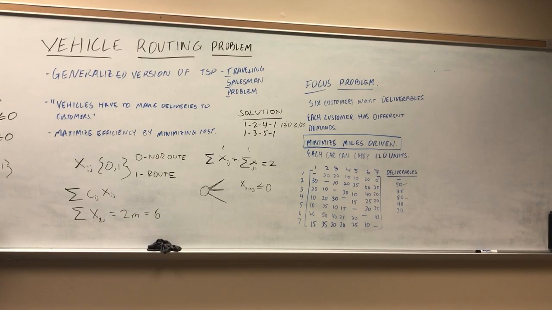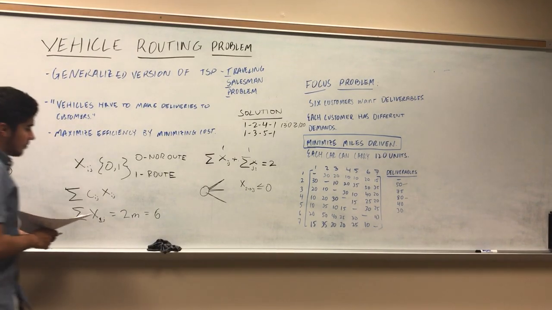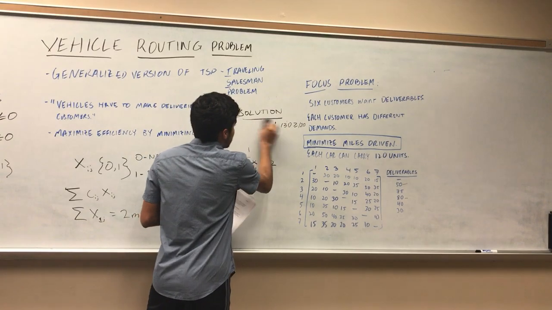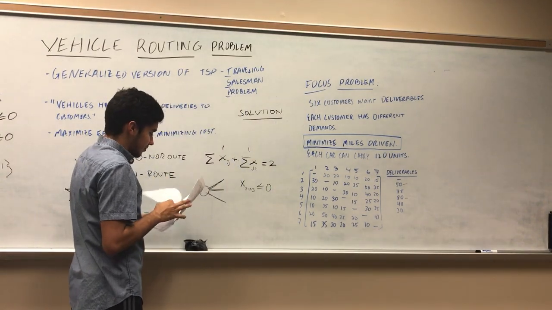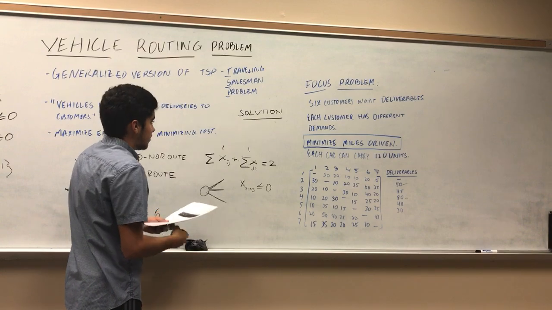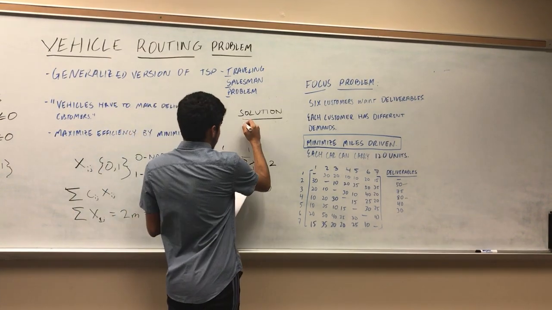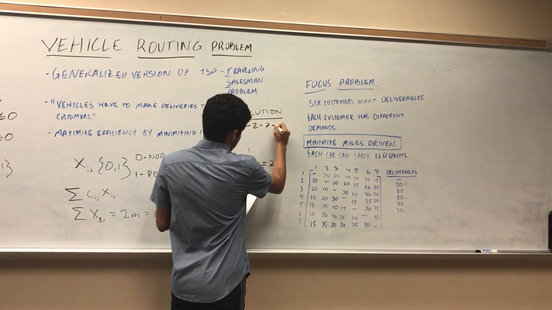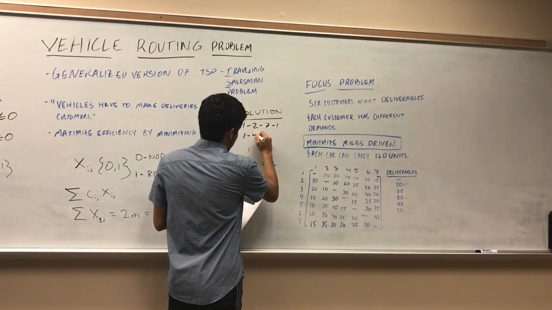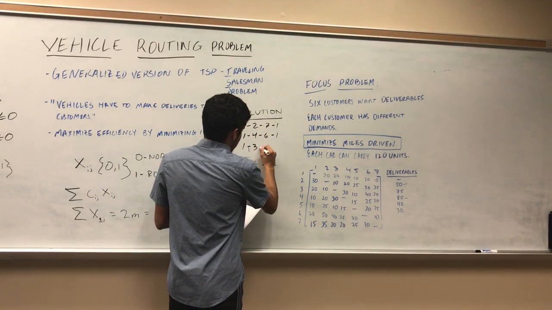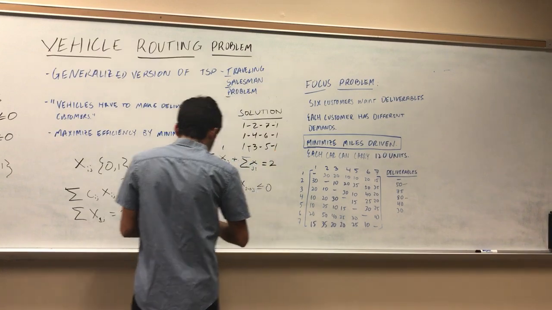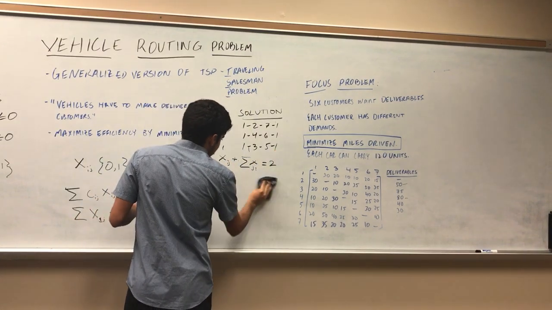And then running this into AMPL, we're going to get another solution that we're going to have to check is feasible or not. And that solution is going to be 1-2-7-1, 1-4-6-1, 1-3-5-1. And those are our 3 routes for our 3 cars.